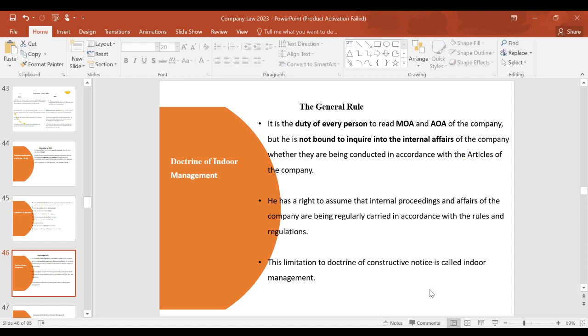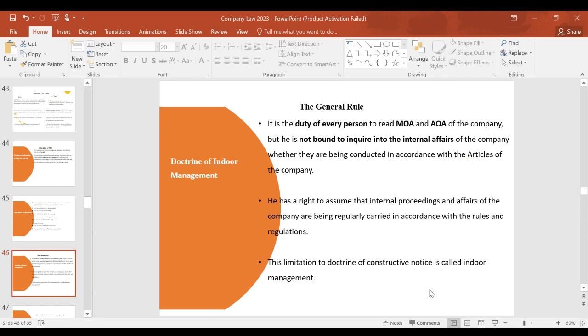Now, what is the general rule with regards to the management of the company? Remember, a company is managed through the Articles of Association. As I already said, this is the constitution for the internal management of a company. We have a doctrine which is called the Doctrine of Indoor Management.